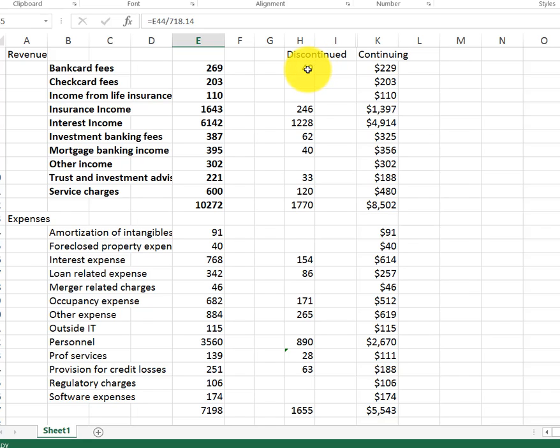So if we had 269, we separate out the discontinued operations. Remember, the whole point of discontinued operation disclosure is so that we can compare next year. Next year, when there is no discontinued operations, we should be able to compare to this number, not to this.